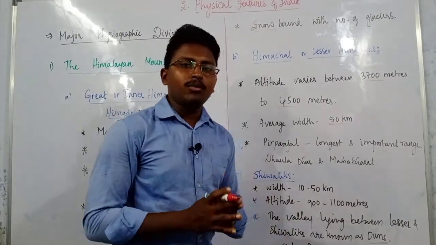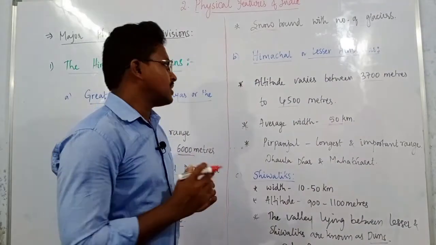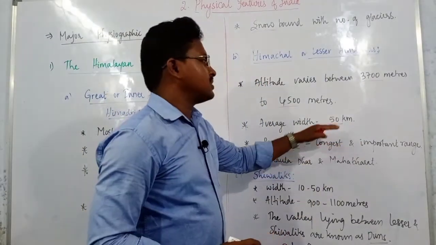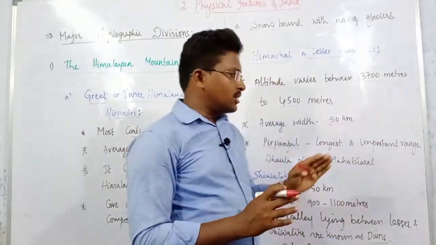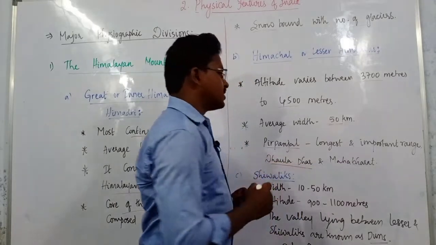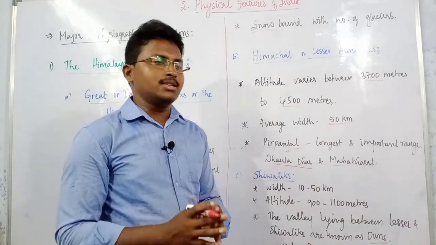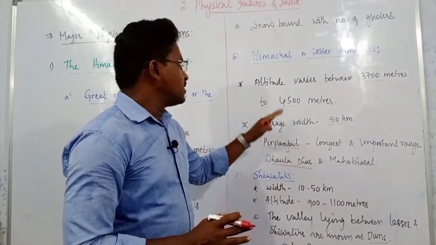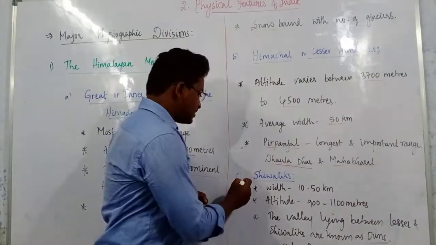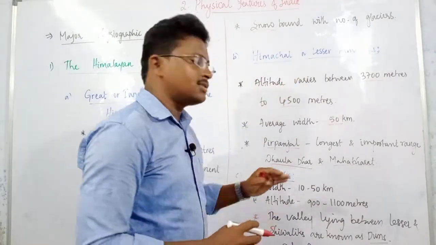The most prominent and longest range in the Lesser Himalayas is the Pir Panjal. Other prominent ranges are Dauladhar as well as Mahabharat. Then the third one, below the Himachal or Lesser Himalayas, is the Shivaliks.